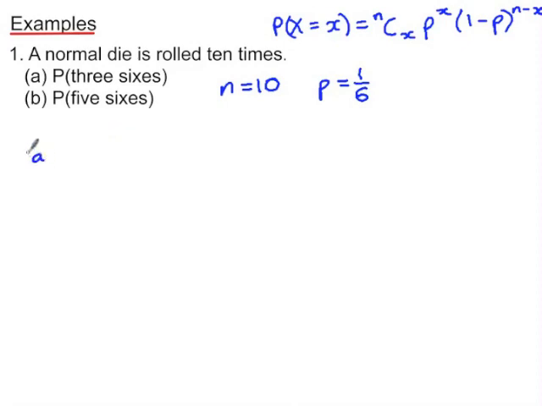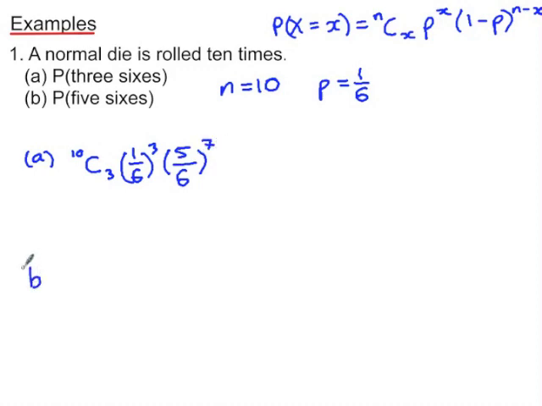In part A, we want to know what's the probability that we'll roll 3 sixes in our 10 rolls of the die. So that's 10 choose 3, and then 1/6 to the power of 3, and 5/6, which is the probability of rolling all the other numbers, to the power of 7.